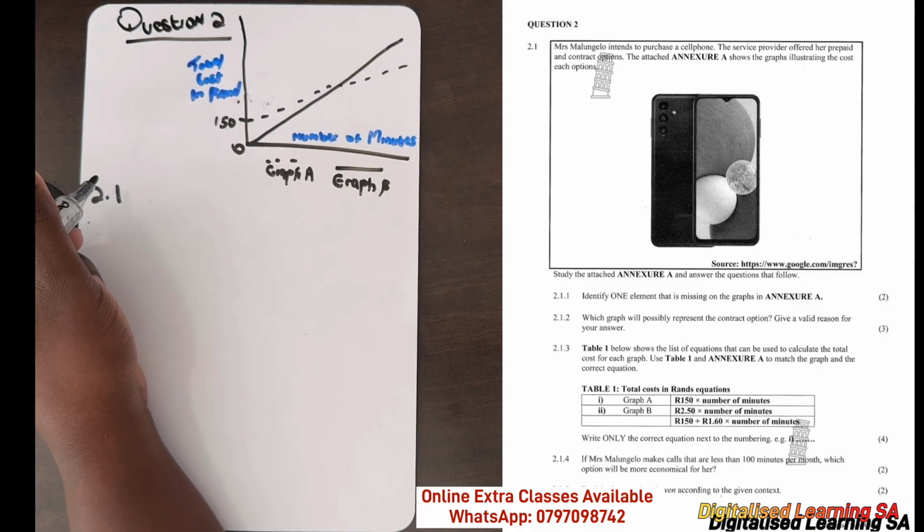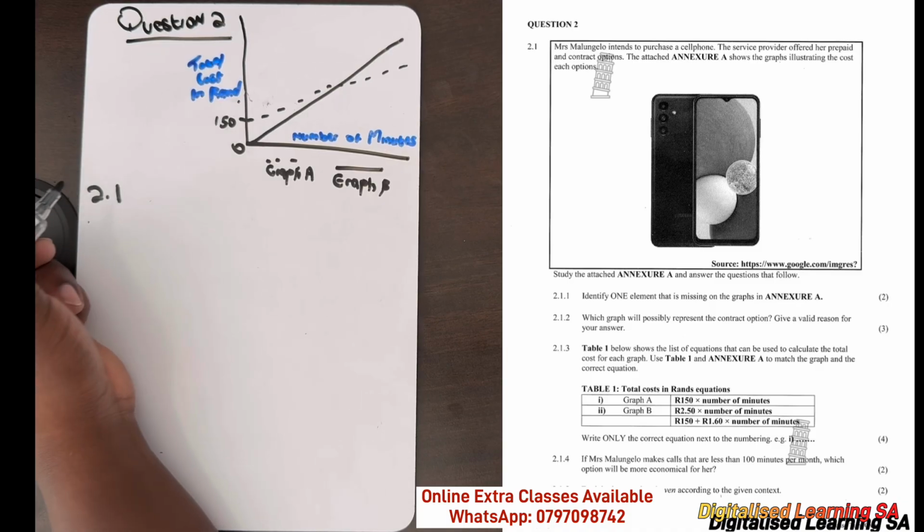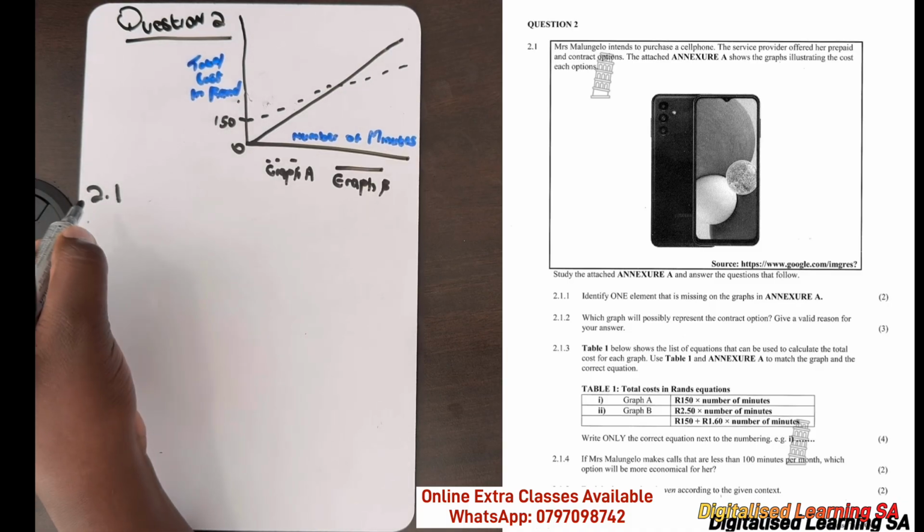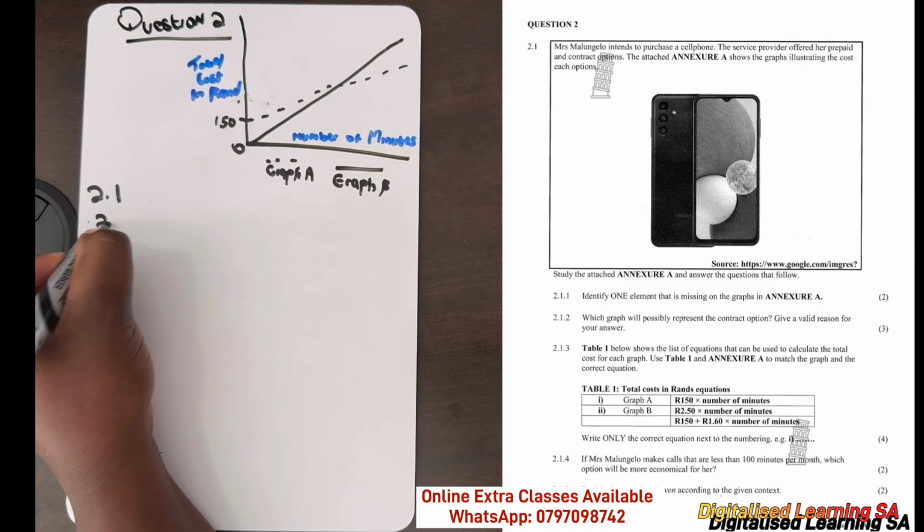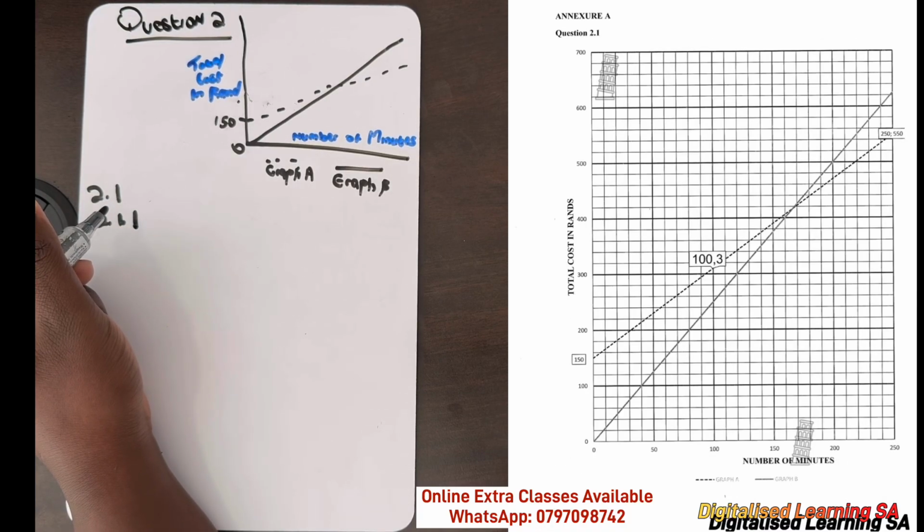We do have a cell phone picture there, and I will also attach annexure A so that you can see what's happening. Let's go ahead and answer question 2.1.1. We are told to identify one element that is missing on the graph in annexure A. If you look at the graph, you can see that the graph has no heading.